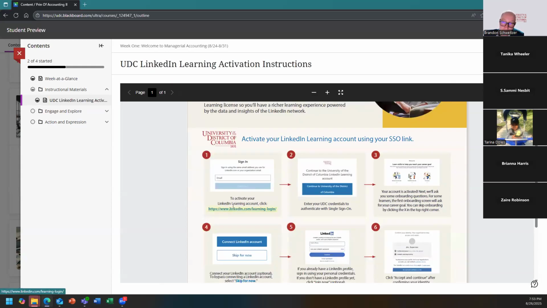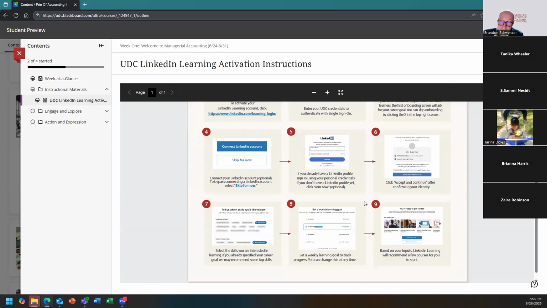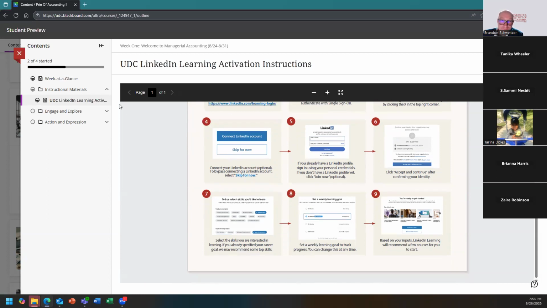You just click on that link. It'll take you through the process. You're going to use your UDC credentials to log in, and it'll connect your LinkedIn Learning account with your UDC account. And that's how we authenticate you as the user. So you just go through those 9 steps.